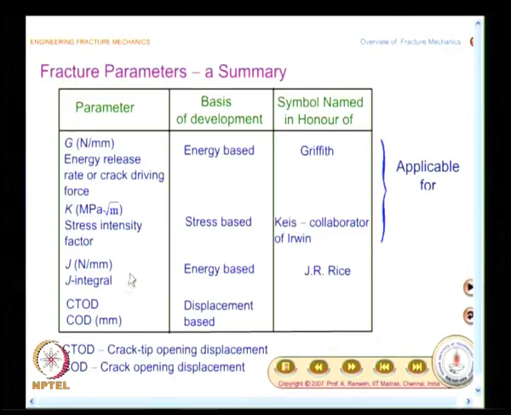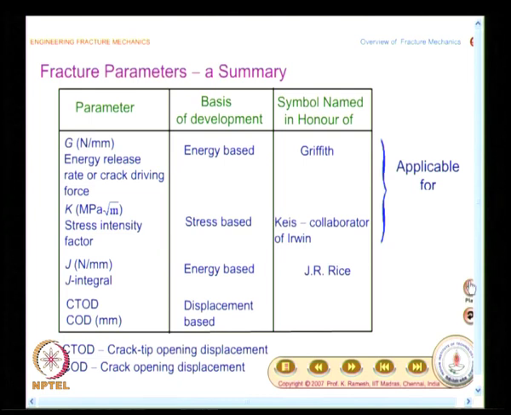And parallelly, in UK people developed another concept which is known as COD, crack opening displacement. It is in terms of millimeters. This is displacement based. This was developed by Wells, and there is also another related concept which is known as CTOD, crack tip opening displacement. It is a very funny nomenclature.